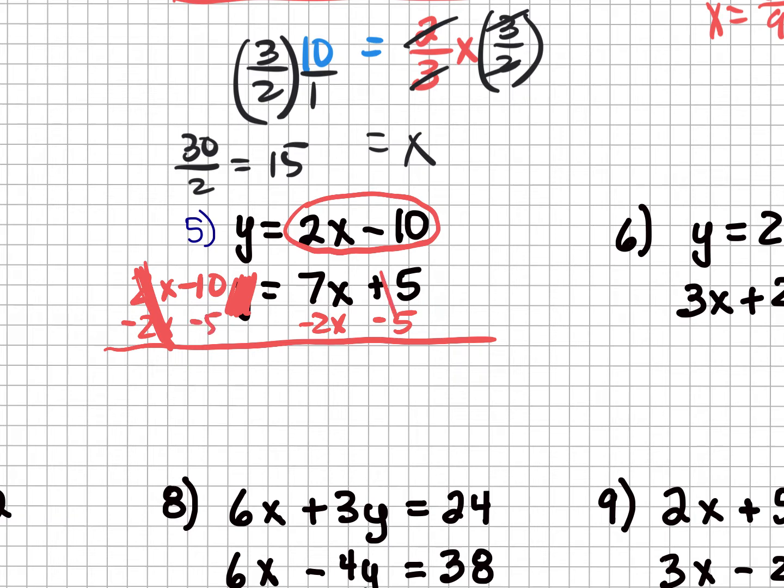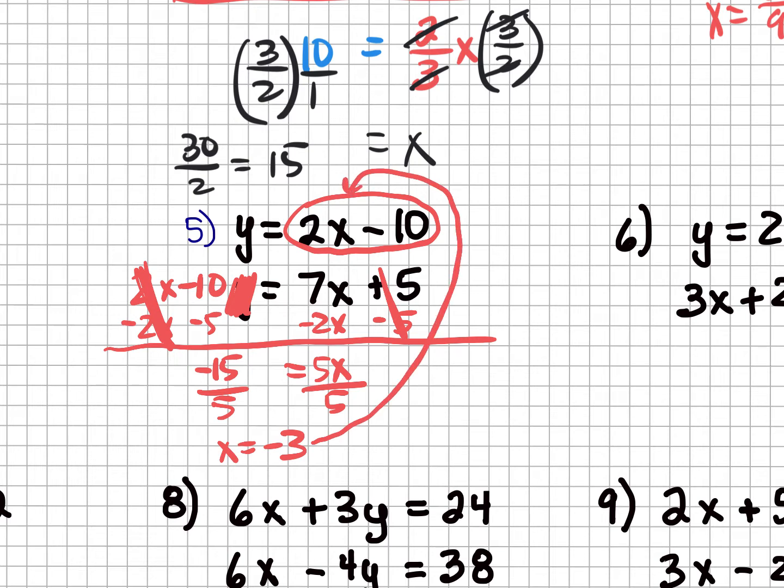That gets rid of the 5 on this side, and I get 5x equals negative 15. I'll divide by 5, x equals negative 3. Okay, if x equals negative 3, I got to plug it back into the equation. Y equals 2 times negative 3 minus 10. y equals negative 6 minus 10, y equals negative 16. So it was negative 3 comma negative 16.